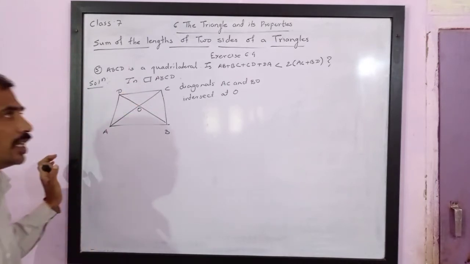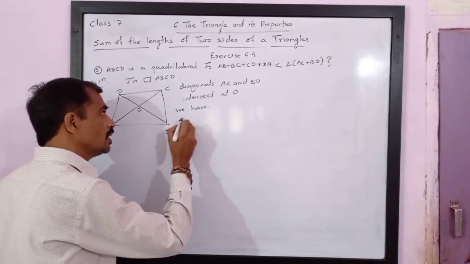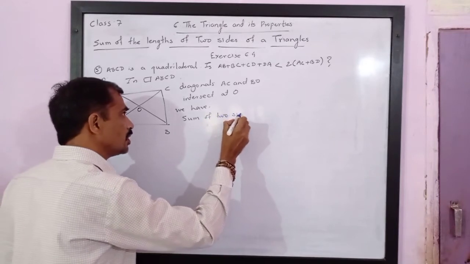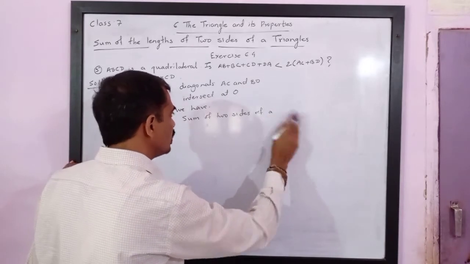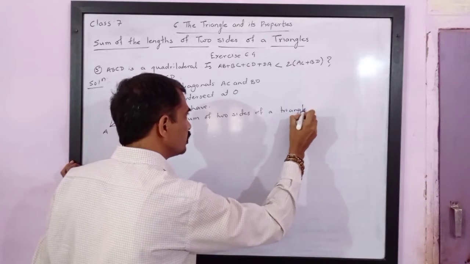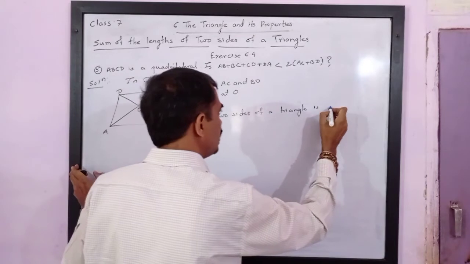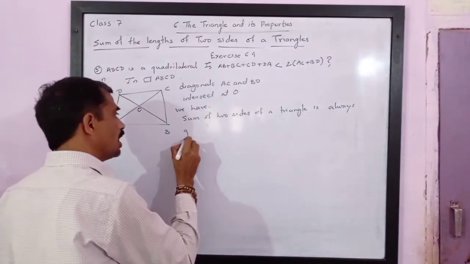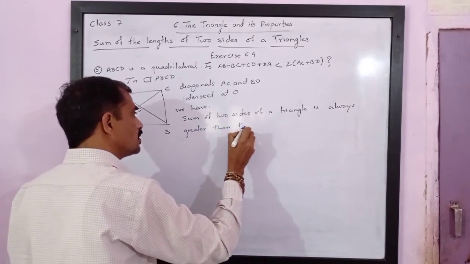Now we have the property of the sum of two sides. The sum of the lengths of two sides of a triangle is always greater than the third side.